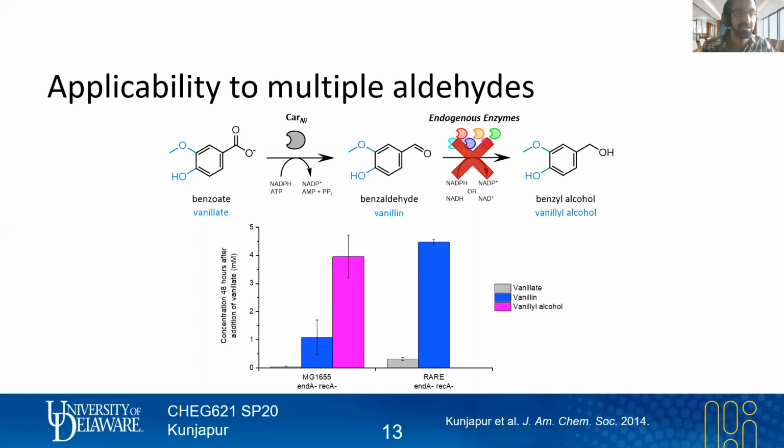In fact, we made this point that something like OptKnock wouldn't tell you that you needed to do this. It wouldn't tell you that vanillin would get converted to vanillyl alcohol, and it wouldn't tell you which genes do that and what you'd have to knock out. So this is still in that phase of experimental discovery work.